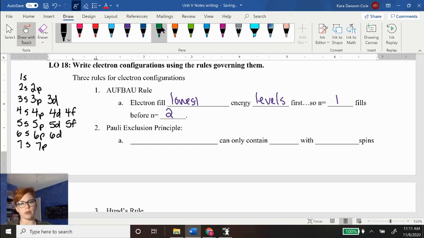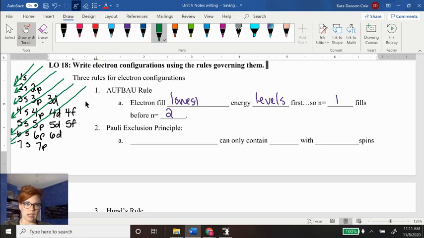So the way we travel through this is, again, the lowest energy is going to fill first. The 1s fills. And then we go to 2s. And then we go to 2p, 3s. And then we go to 3p, 4s. And then we go to 3d, 4p, 5s. And then 4d, 5p, 6s. And then we'll fill 4f, 5d, 6p, 7s.